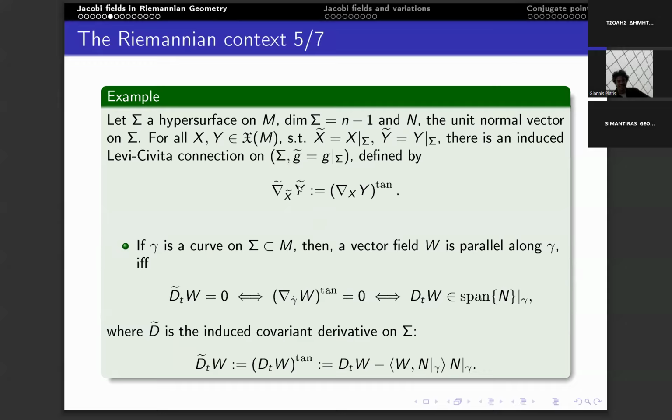The natural way to define the Levi-Civita connection on the hypersurface is this, using the tangential component of nabla_X Y. Here also we can define an induced covariant derivative on Sigma, and this is the formula: it is also the tangential component of the covariant derivative on M.